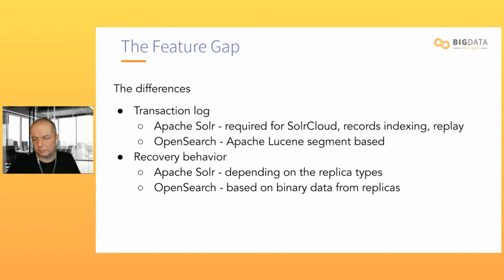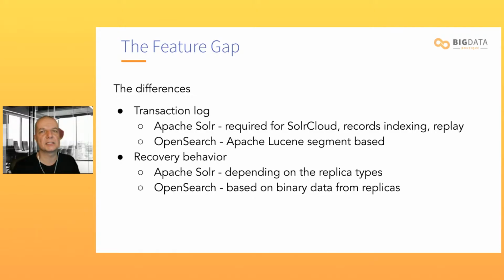TLog and pull, of course, are different. When it comes to OpenSearch, this is binary data from replicas. If you worked with Elasticsearch and OpenSearch, you may see something like recovery and copying data between shards and so on. This is part of the recovery mechanism, a full binary copy of the smaller pieces that the shard is built of.